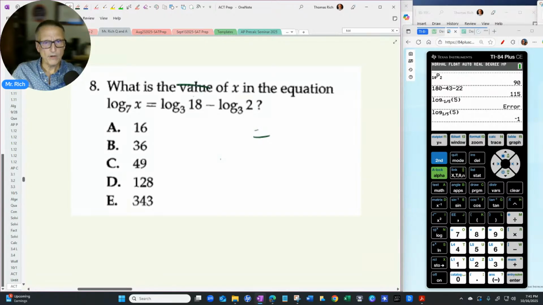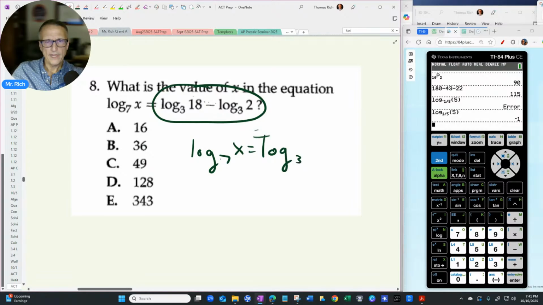What you learned about logarithms in Algebra 2 is that you can condense subtraction between logs, and you can condense those by division. In other words, this can be rewritten over here on the right-hand side as log base 3 of 18 divided by 2, which is 9, like that.